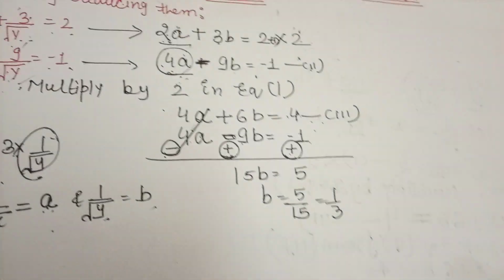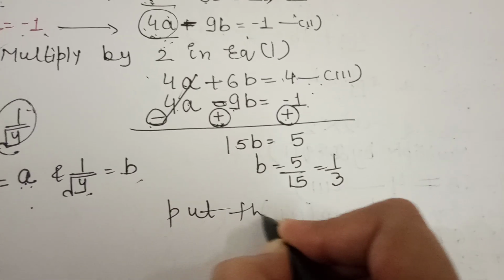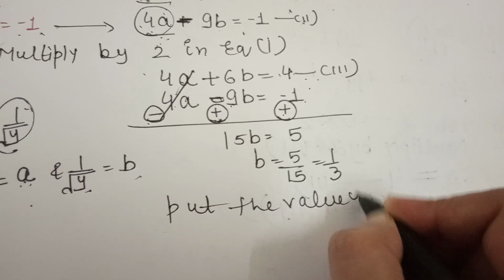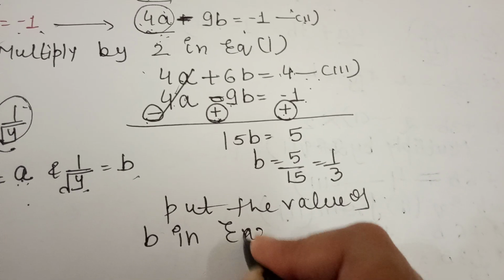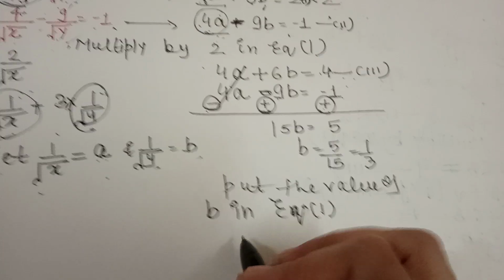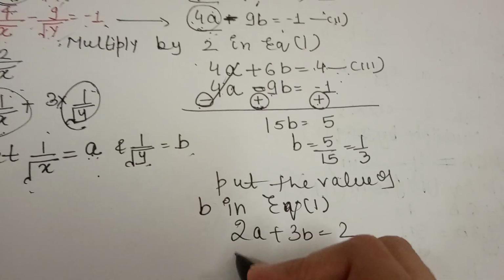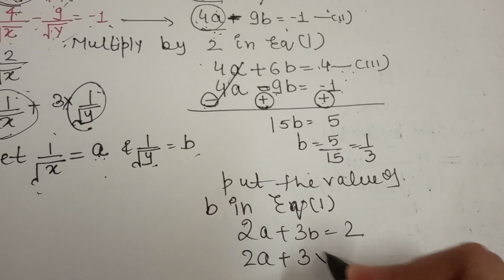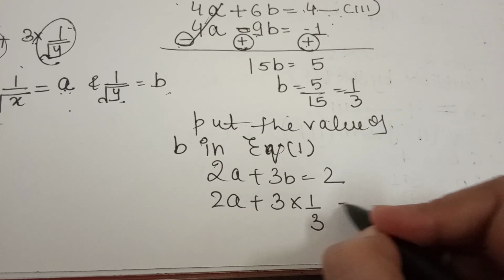So how to find out the value of a? Put the value of b in any equation. I am putting it in equation 1, which was 2a plus 3b equal to 2. So 2a plus 3 into 1 upon 3, the b value is 1 upon 3.